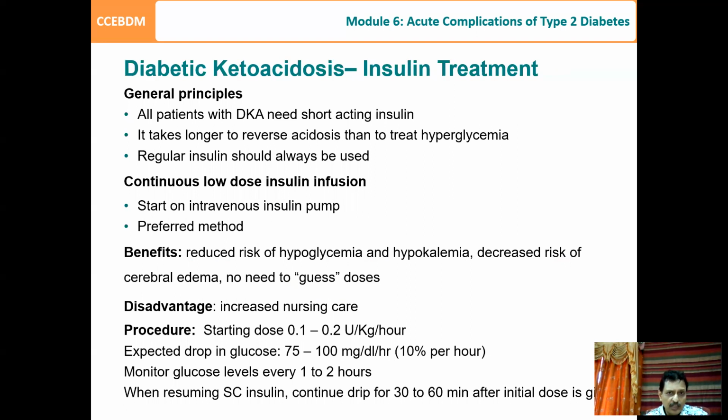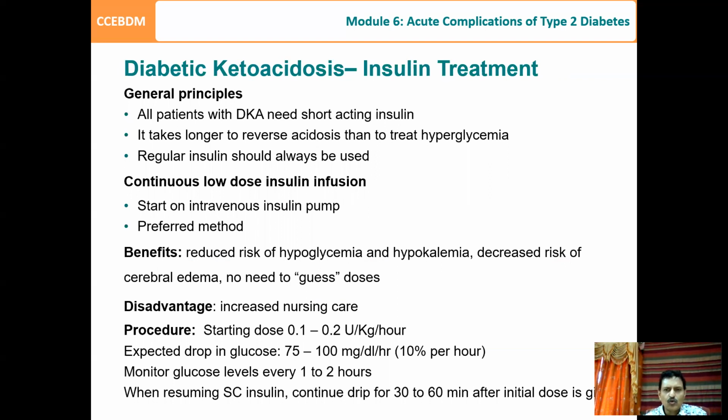And if we give the intravenous insulin with an insulin pump at a low dose, that will reduce the risk of hypoglycemia, hypokalemia, and decrease the risk of cerebral edema. And there is no need to guess the dose. You just continue with the same dose. Don't change it with respect to the blood glucose level. You just continue with the same dose, and it progressively improves the ketogenic process.